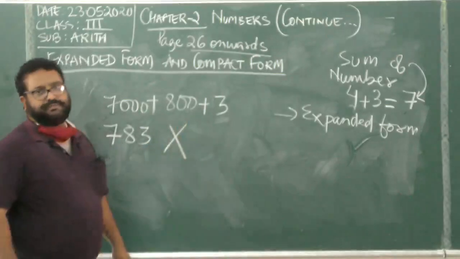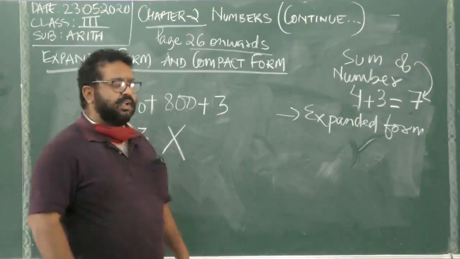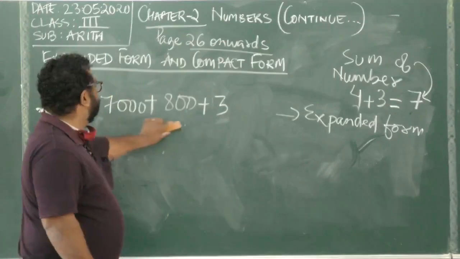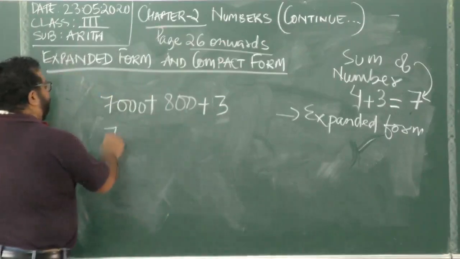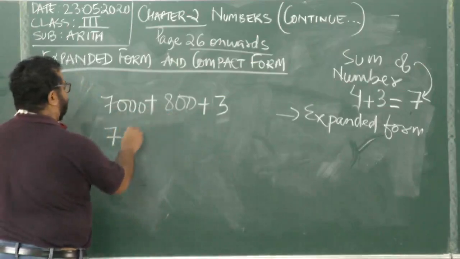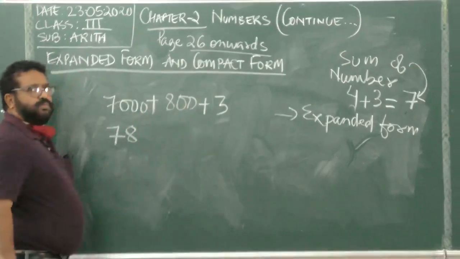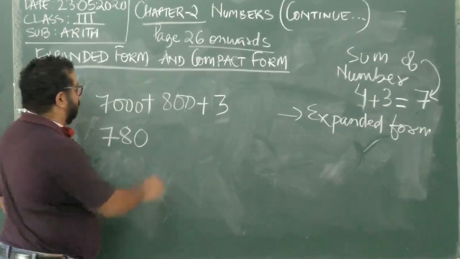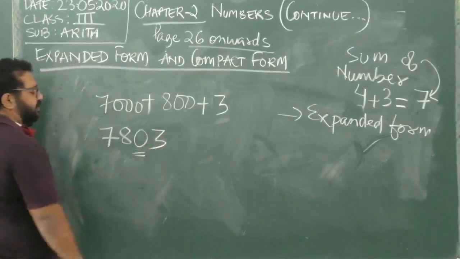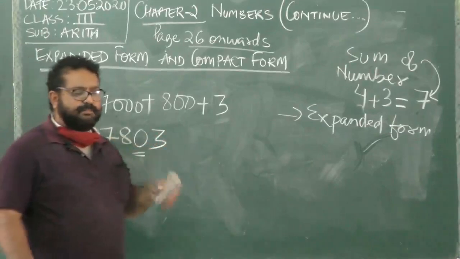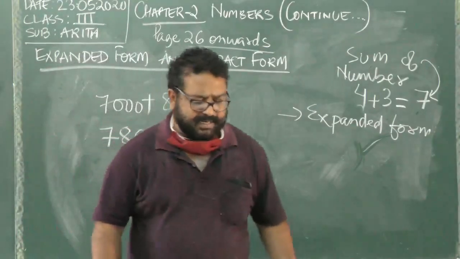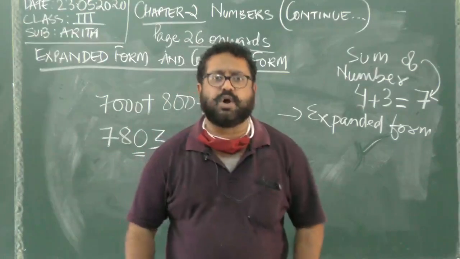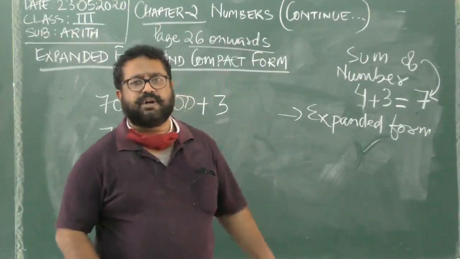So here be careful, see what is given in the question. So we have 7800 and there are no tens, so we write a 0. There are 3 ones, so we write 3 here. Remember, this is a very important part. Sometimes we tend to forget. You have to focus and be careful here not to repeat this kind of mistake.